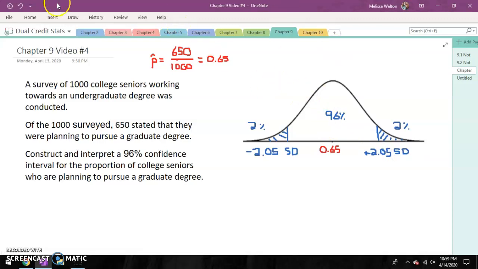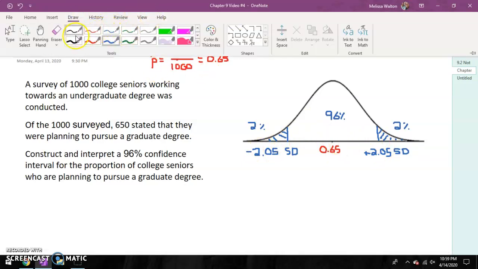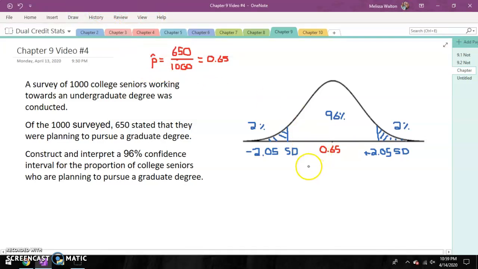Wonderful. We know we're centered at 65%. I want to go 2.05 standard deviations up and 2.05 standard deviations below. Now, what is a standard deviation in this problem?